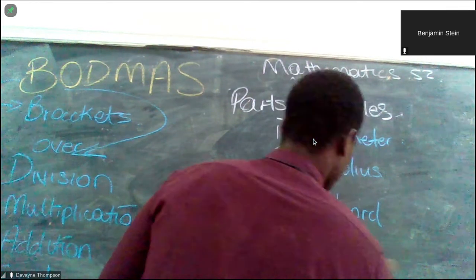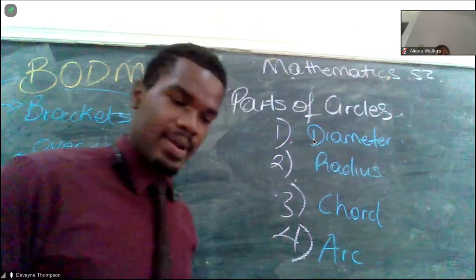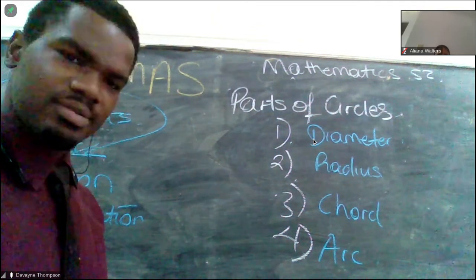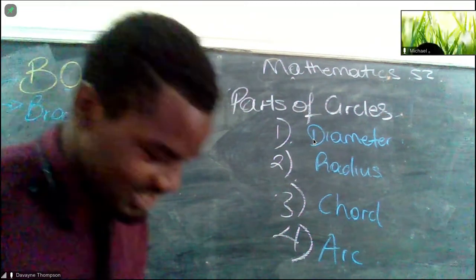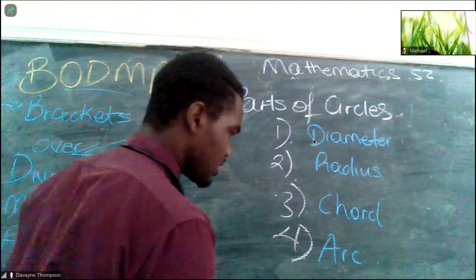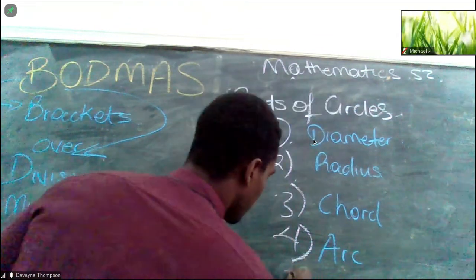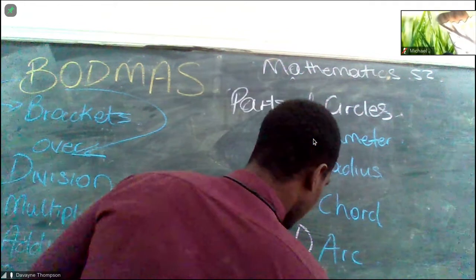Tangent. Alright? Circumference. So the parts of a circle, let me just finish them quickly. We have arc. We also have sector.